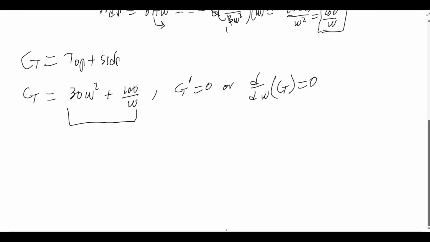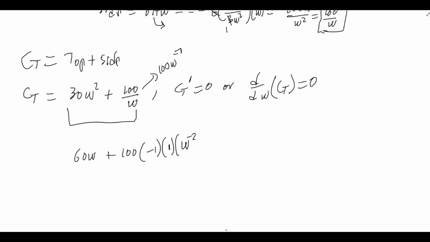We have 60W plus 100 times 1 on W, which can be written as 100 W to the negative 1. We differentiate the function, copy the function, and reduce the power by 1, and equate this to 0. So we have 60W minus 100 all over W squared, and this will be 0.